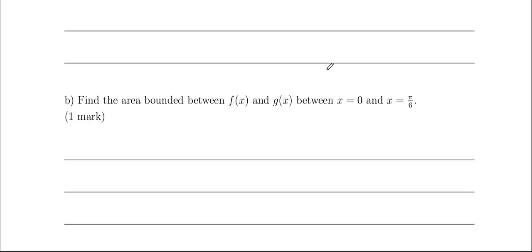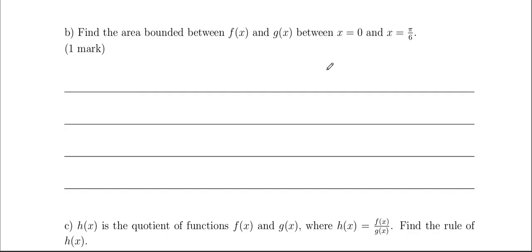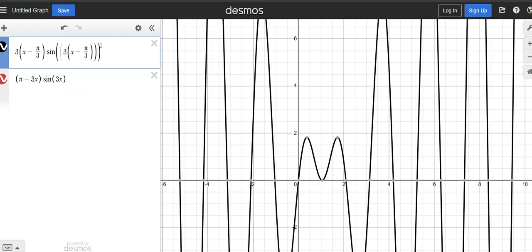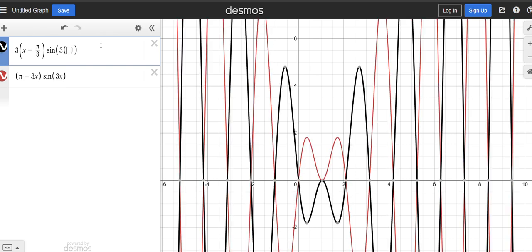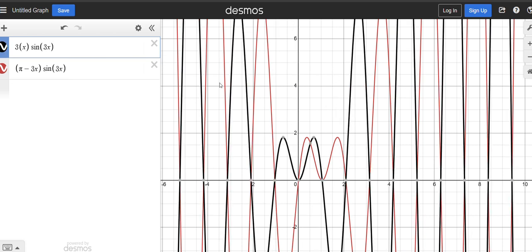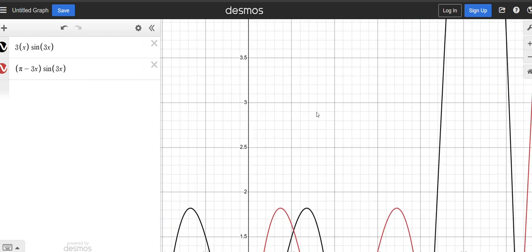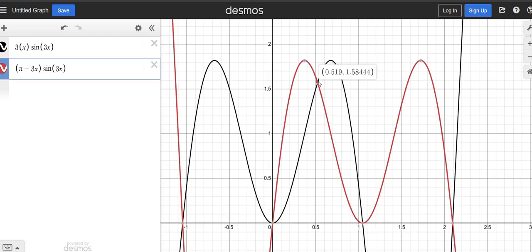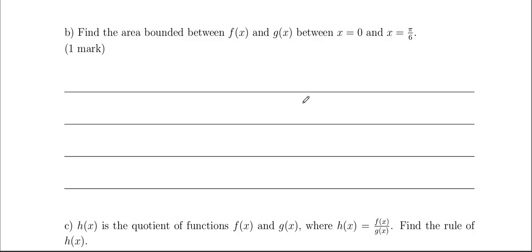Yeah, so let's go. Find the area bounded between f of x and g of x between x equals 0 and x equals pi on 6. Okay, so let's get rid of these. Okay, so x equals 0 to x equals pi on 6. That's probably this point. Yep, so just this area here.